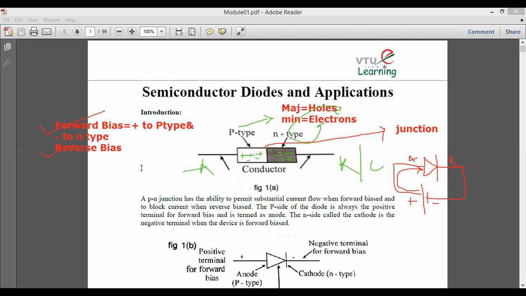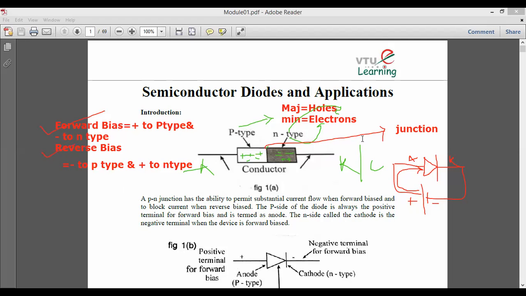In reverse bias, the minus is connected to the p type and the positive sign is connected to the n type. So this is how reverse bias works.